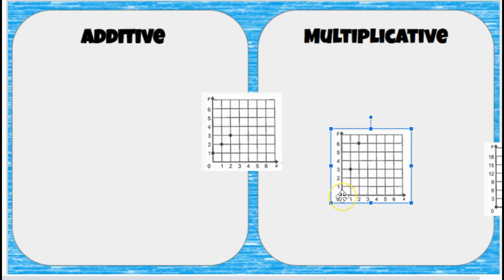Okay, this one is at 0, 0. And then it goes 1 to 3, and then it goes to 2, 6. So if I was to write those down, it's 0, 0, 1, 3, and then 2 to 6 is what I'm writing down.